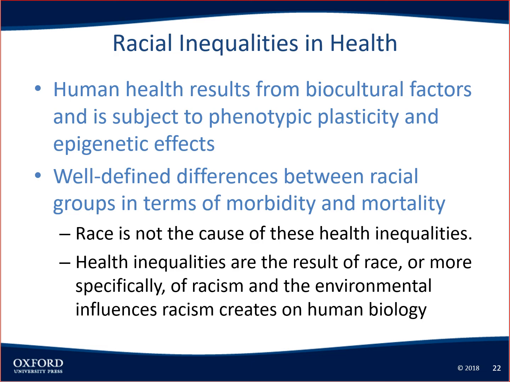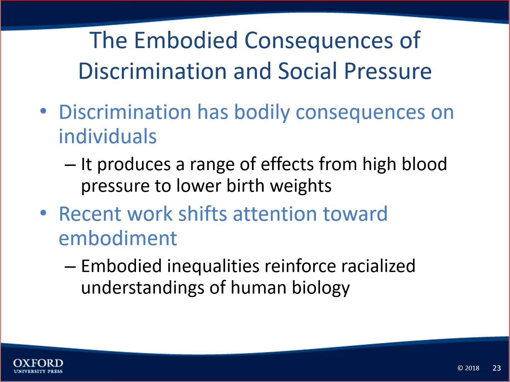These health inequalities are the result of race, or more specifically of racism, and the environmental influence racism creates on human biology. The embodied consequence of discrimination and social pressures: discrimination has bodily consequences on individuals. It produces a range of effects from high blood pressure to low birth weights.